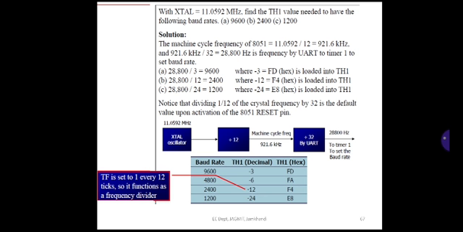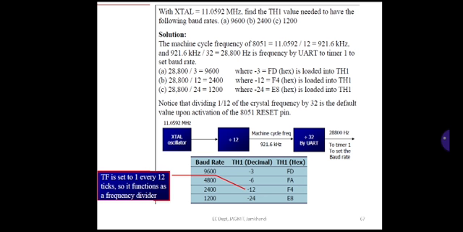The 8051 serial communication UART circuitry divides the machine cycle frequency of 921.6 kilohertz by 32. Remember this procedure. This machine cycle frequency of 921.6 kilohertz is again divided by 32 before it is used by timer 1 to set the baud rate.